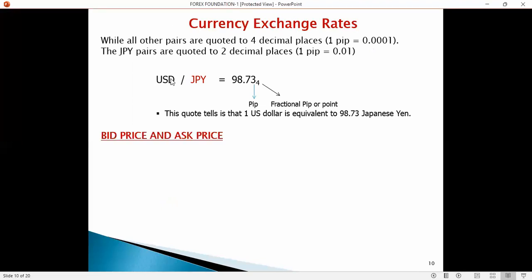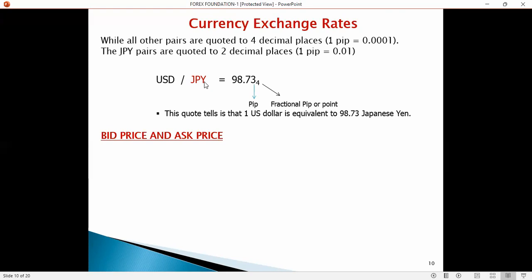Now, as I explained earlier on, the first currency on the left is known as the base currency, while the one on the right-hand side is known as the quote currency. So EUR/USD versus USD/JPY: 1 US dollar is equal to 98.73 Japanese yen.